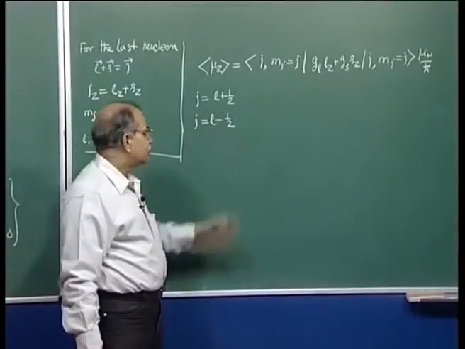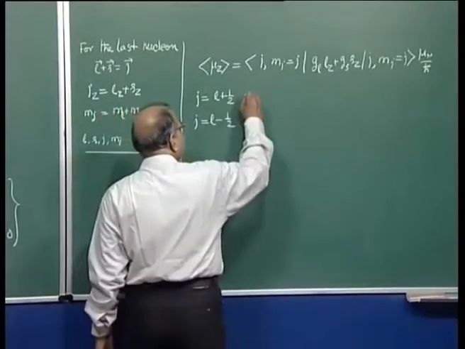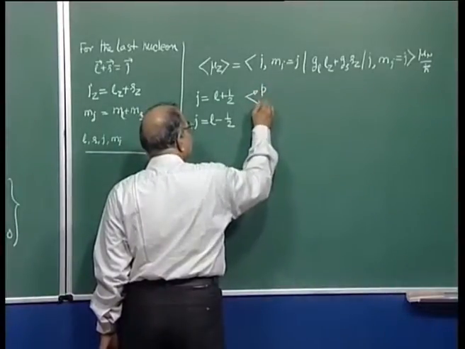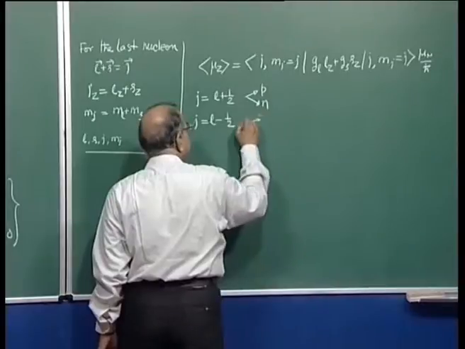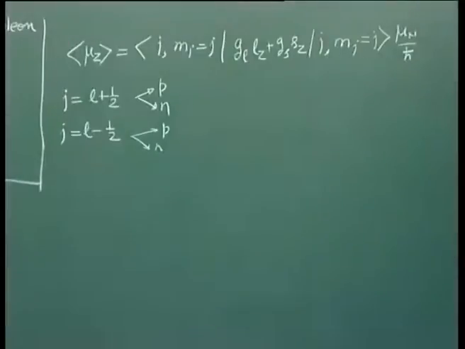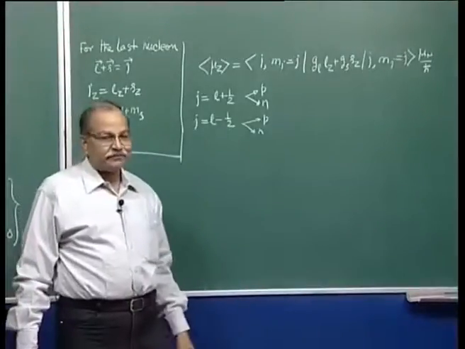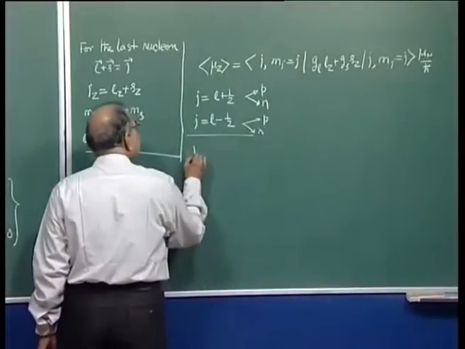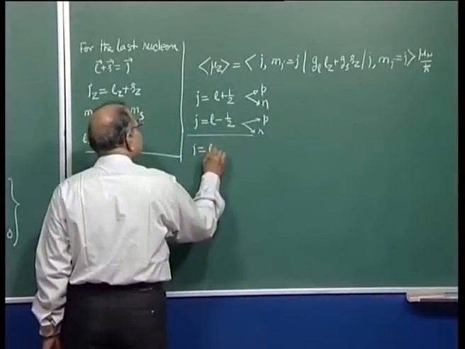So, these are 2 cases, and then in each of these you have the last nucleon being a proton or the last nucleon being a neutron, because for proton and neutron these g values are different. So, you have to consider them separately. First, let me take the case which is easier to handle: J is equal to L plus half.